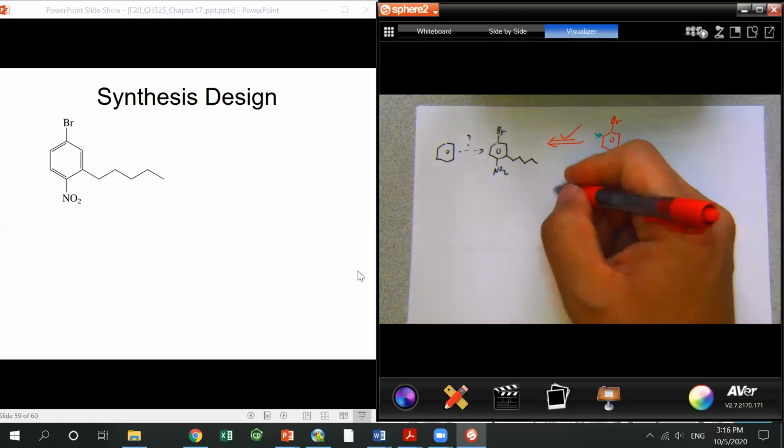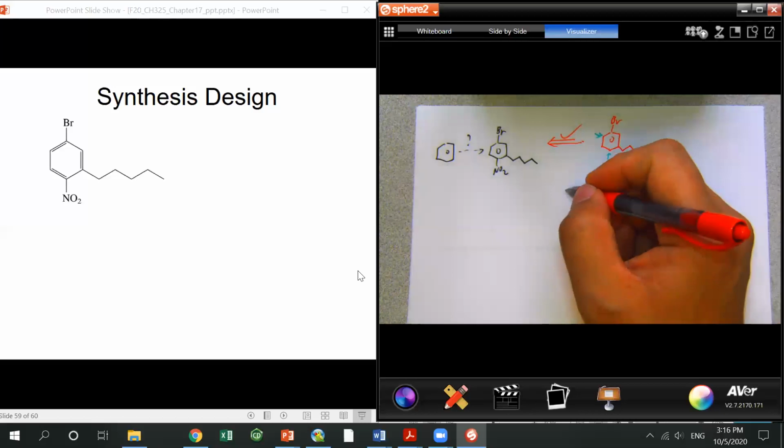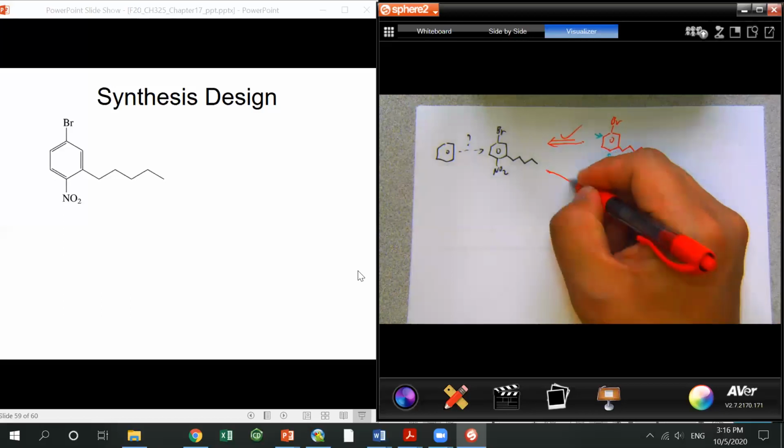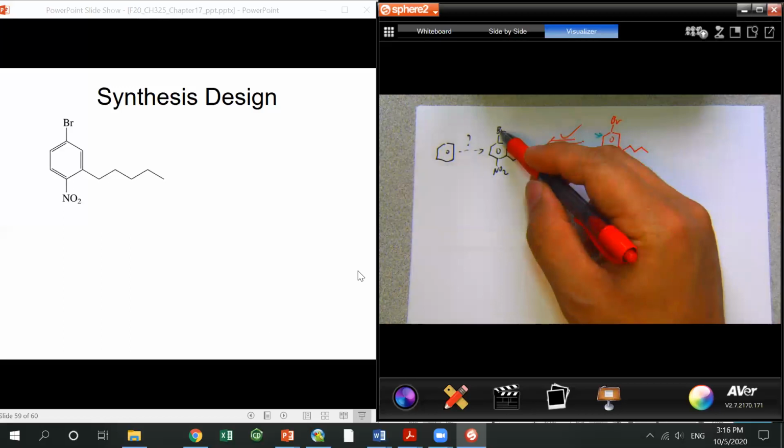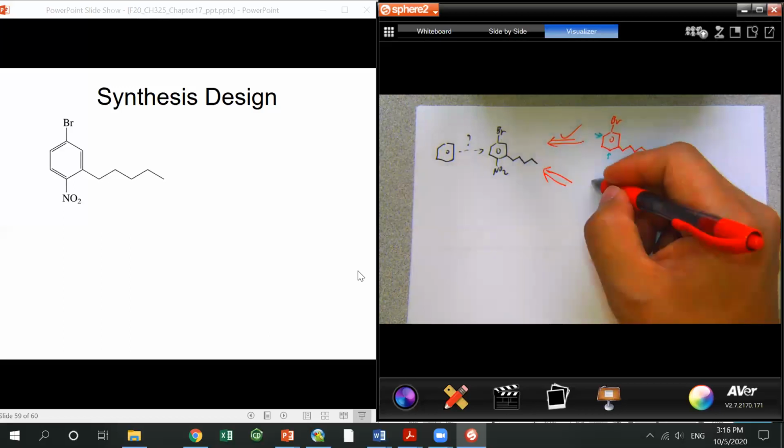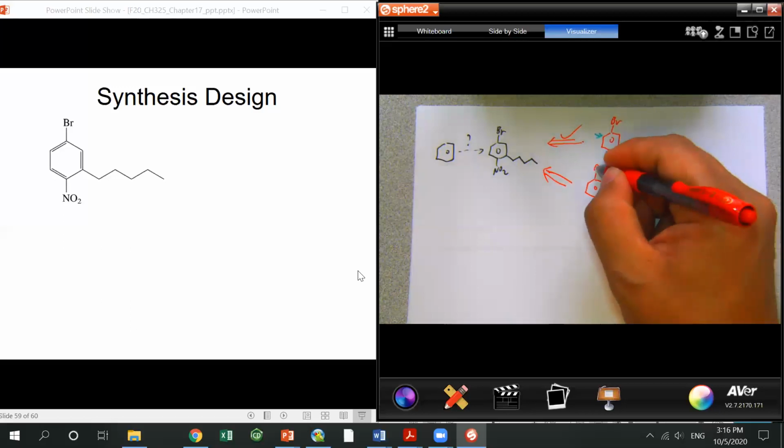Another one: we can try having bromine and the nitro group on first, and then see whether we can put the R group on.